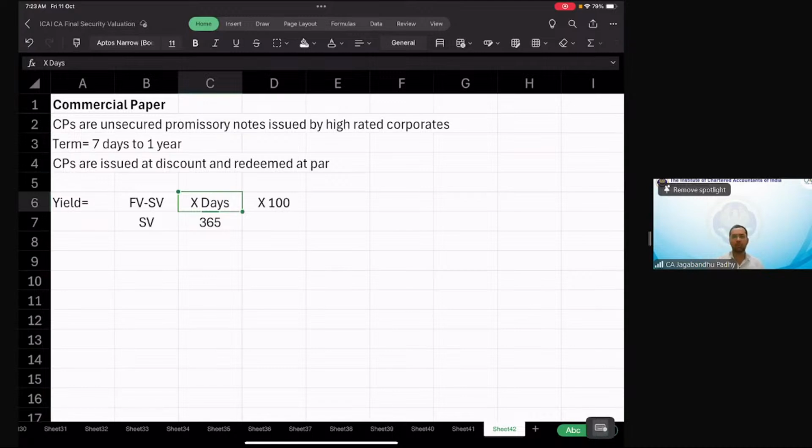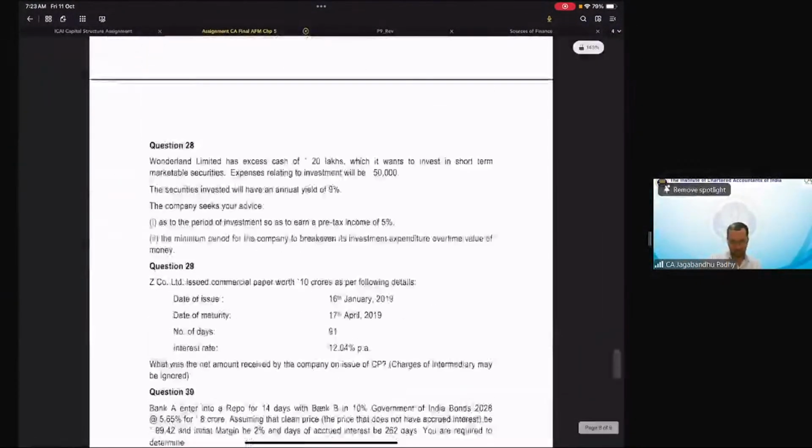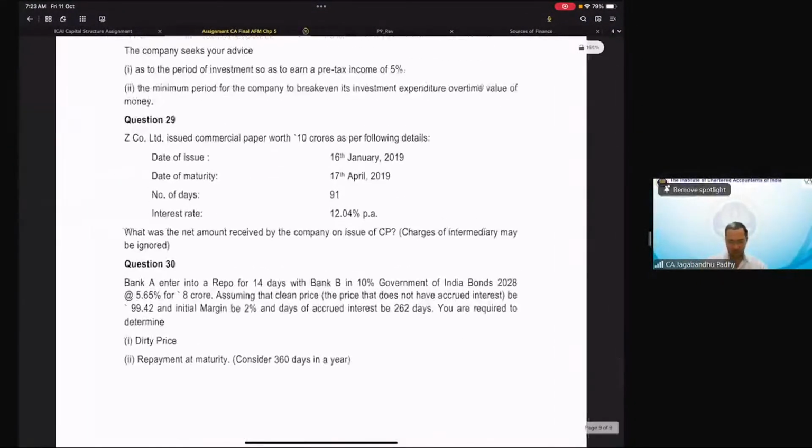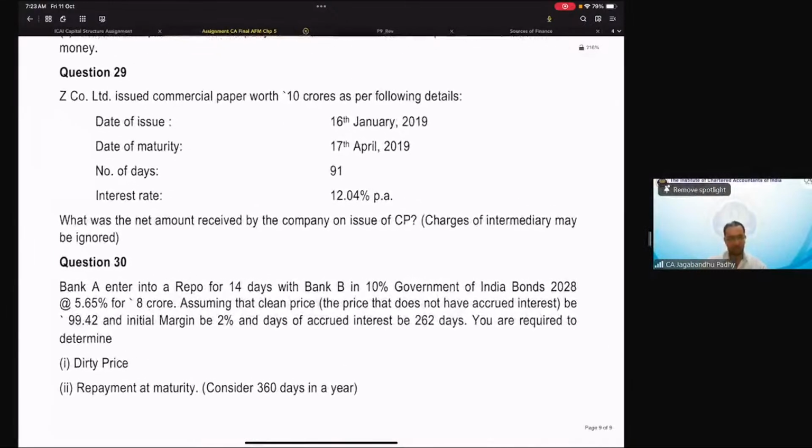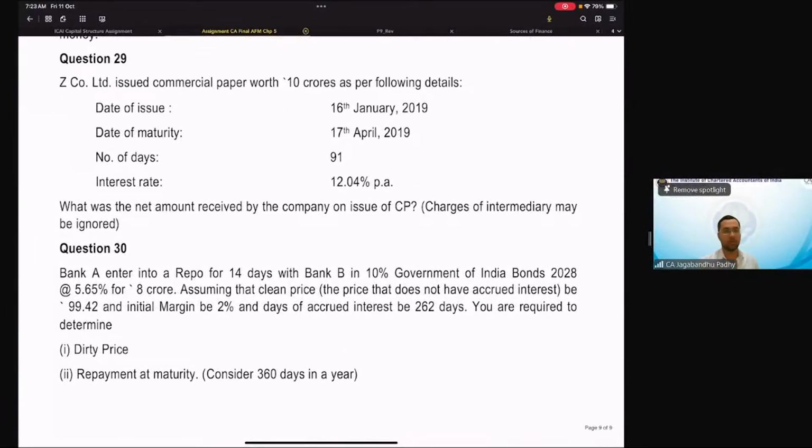So let's try to do a question on the application of this valuation of commercial papers. That's question number 29.